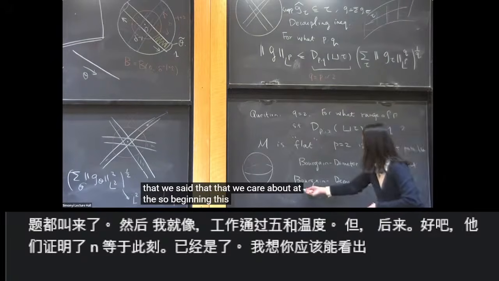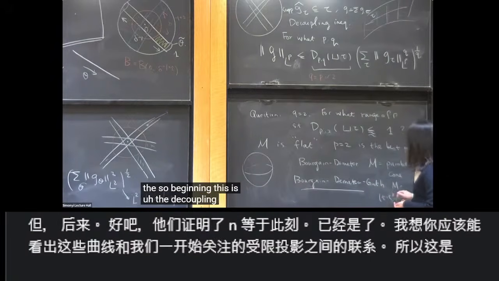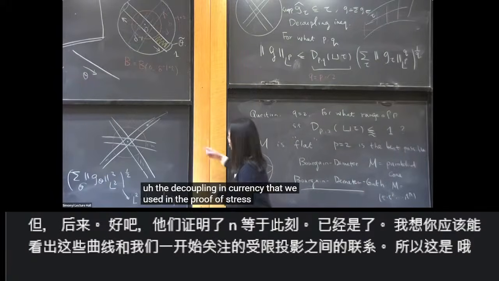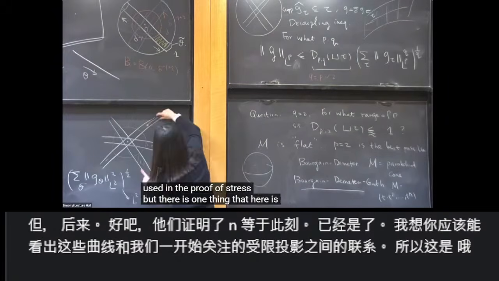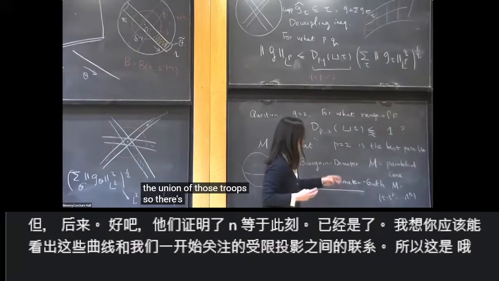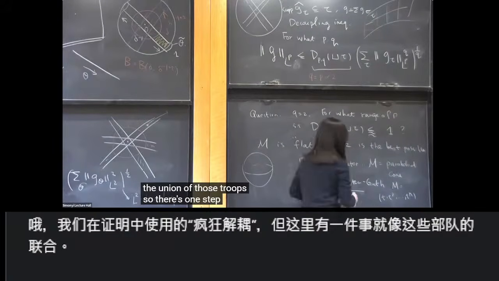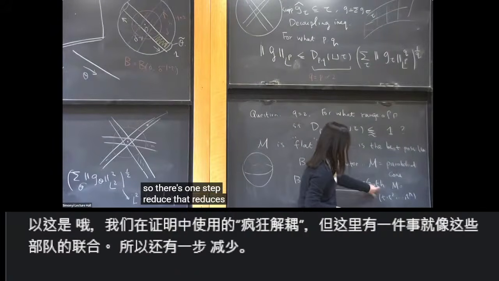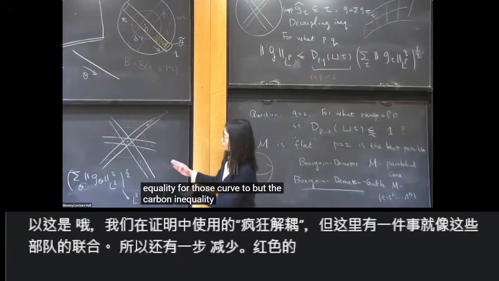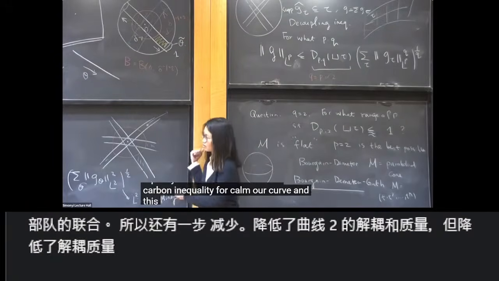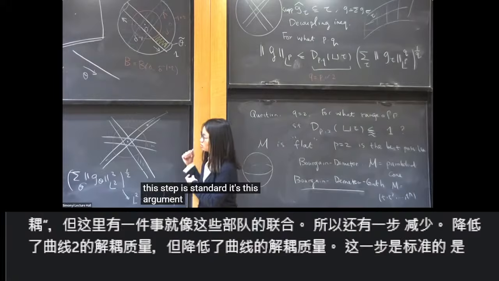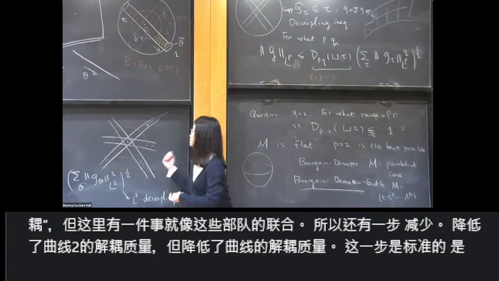So this is the decoupling inequality that we used in the proof. But there is one thing: here is a union of those tubes, and so there's one step that reduces the decoupling inequality for those curves to a decoupling inequality for the cone over a curve, and this step is standard. It's called a Pramanik-Seeger argument.